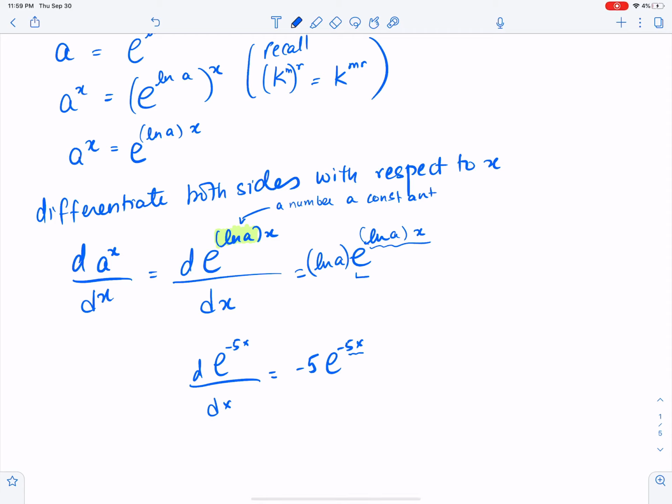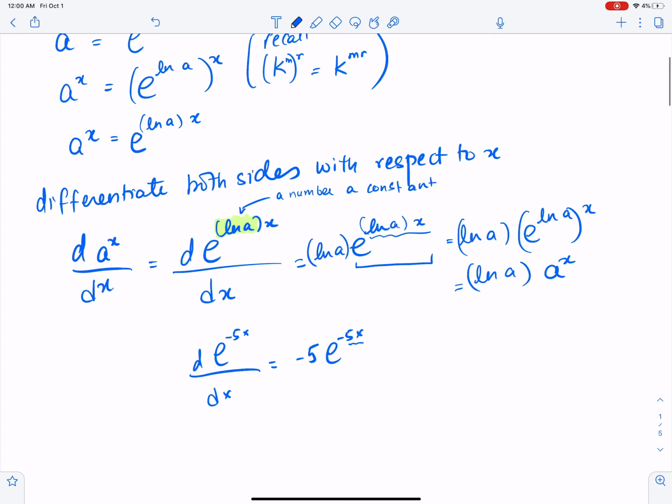Now let's simplify this again. We already know that e raised to log a times x, once again, just reversing what we had before, you can think of that as e raised to log a raised to x, and e raised to log a is just a, so this is a raised to x. Anyway, you already know from before that that was just a to the x.